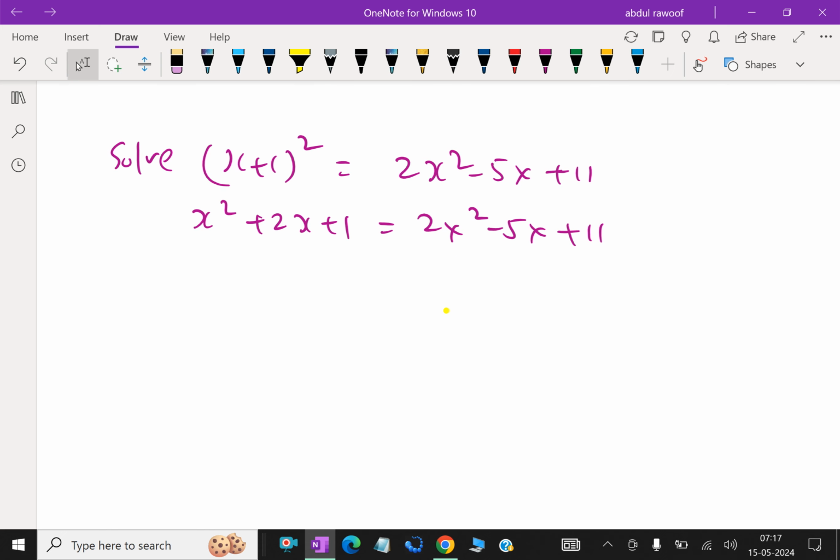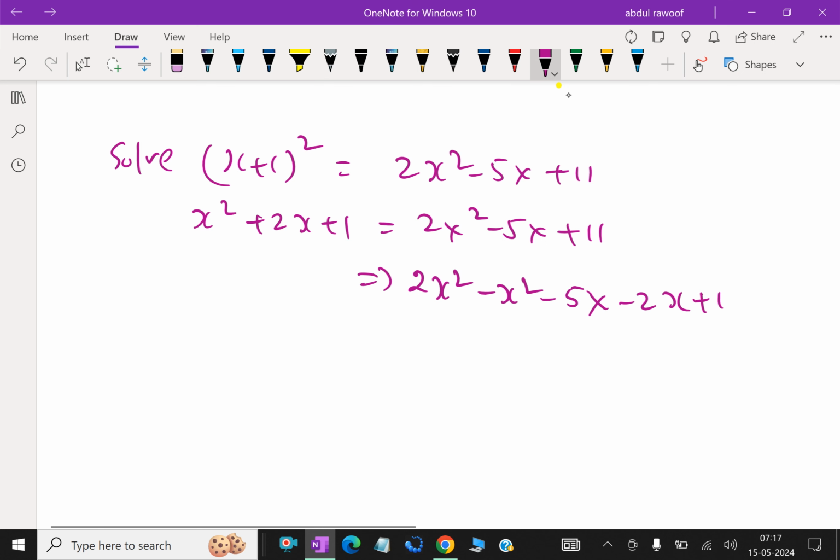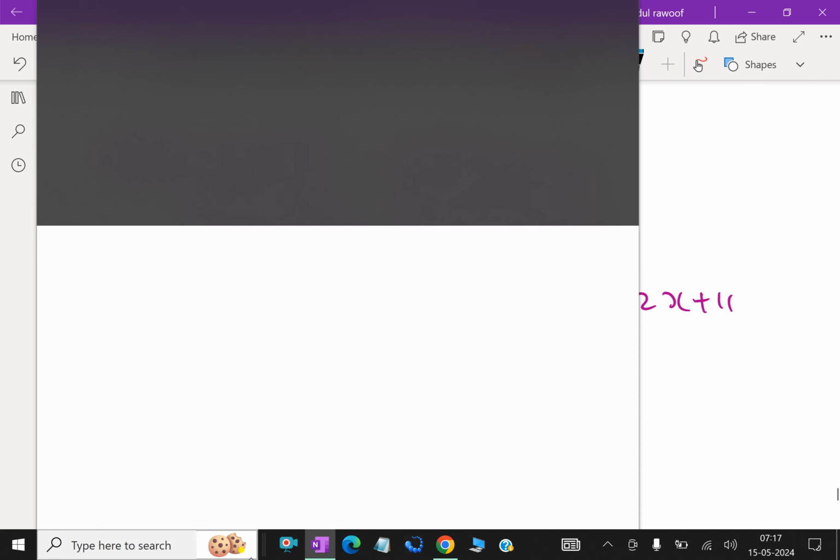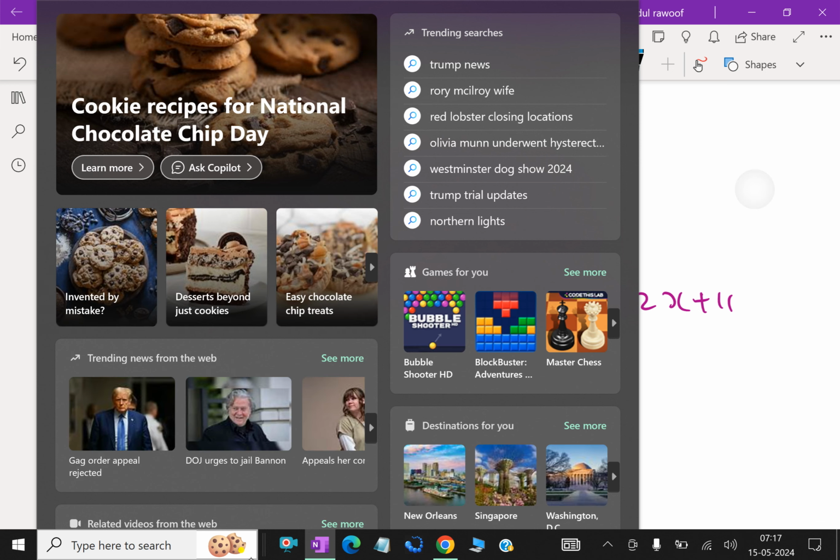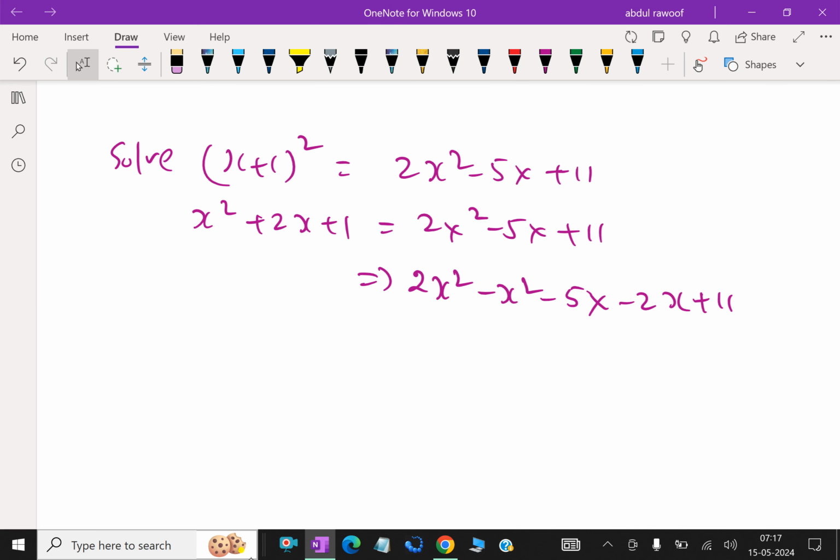Collecting one side, which gives 2x square minus x square, then minus 5x minus 2x, since the 2x on the other side is minus 2x, and the 11 on the other side is minus 11 minus 1 equal to 0.